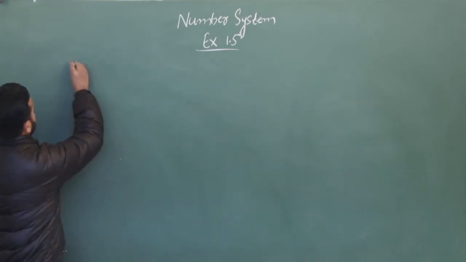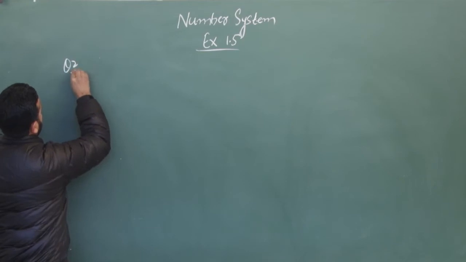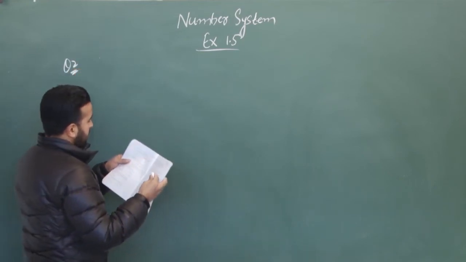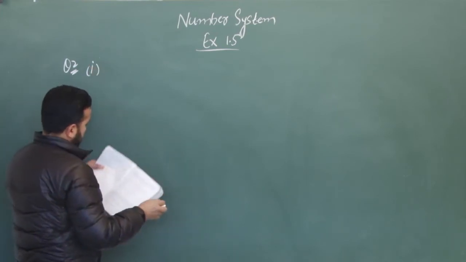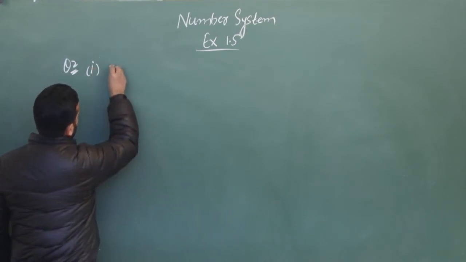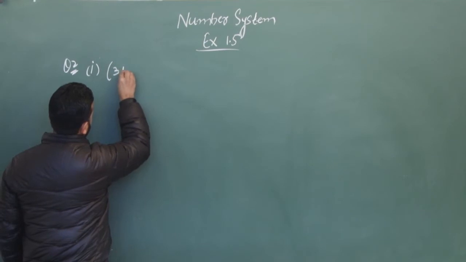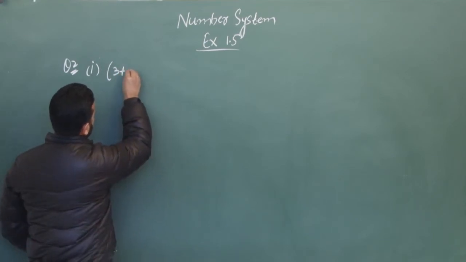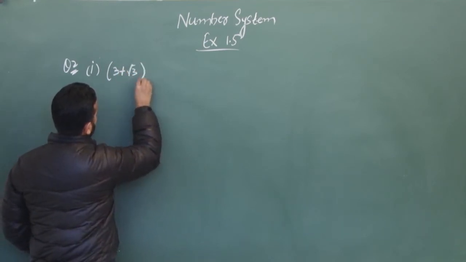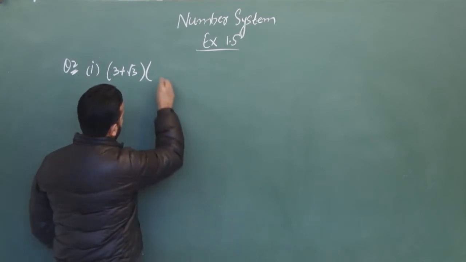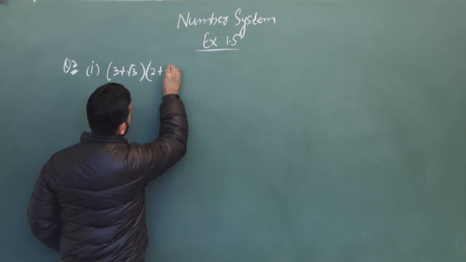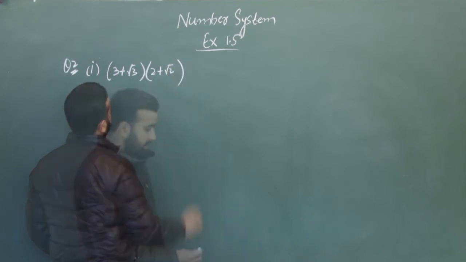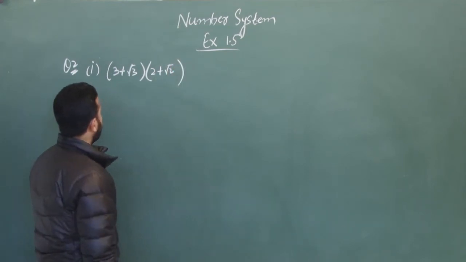See the first part of the question, that is 3 plus root 3 multiplied by 2 plus root 2. Now let us try to simplify this example.